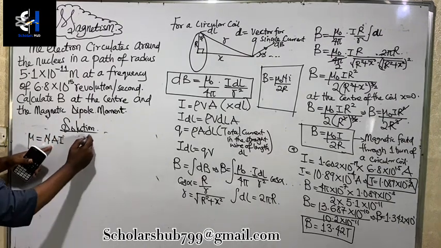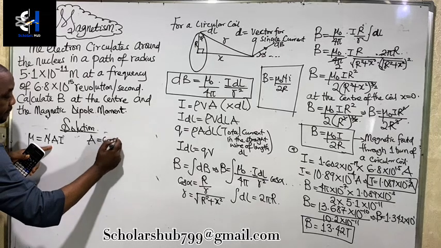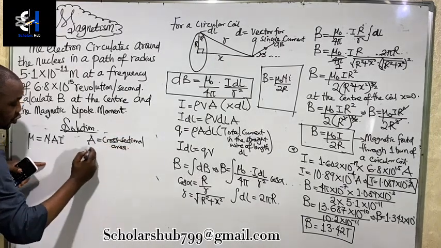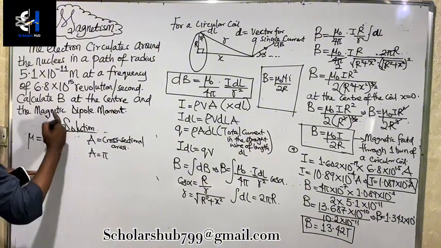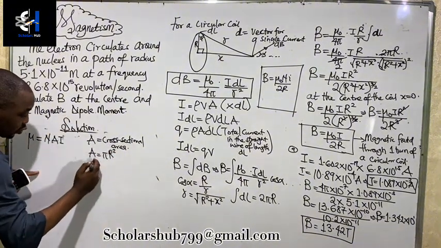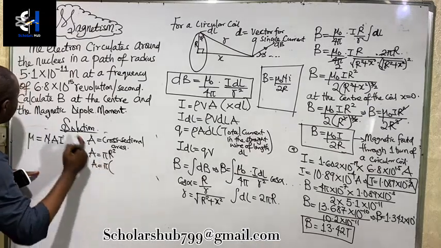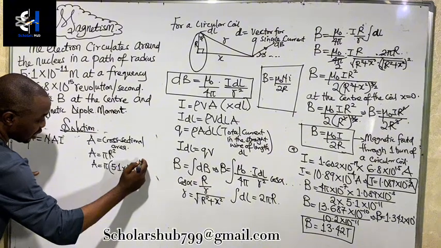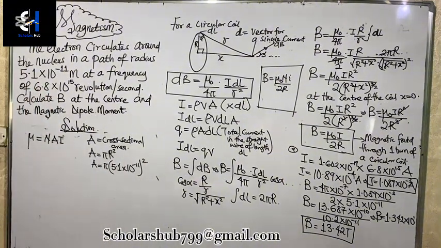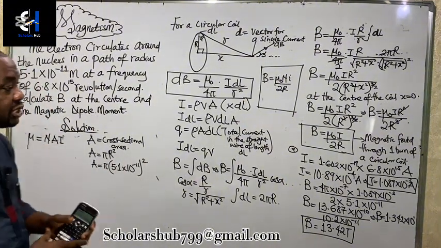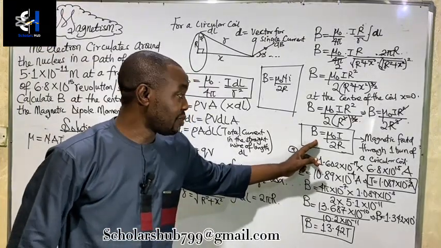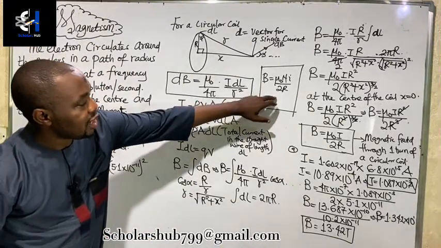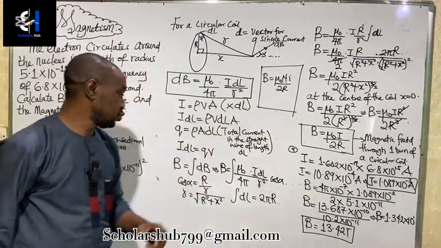Where A is the cross-sectional area. So the area would be pi times r squared, which means it will be pi multiplied by the radius, 5.1 times 10 raised to the power of -11, squared. Remember, what we found earlier is the magnetic field through one turn of the coil, while this is when we have the magnetic field through n turns of the coil.